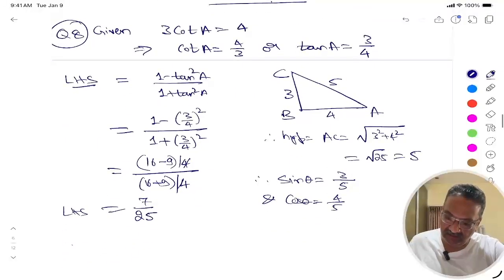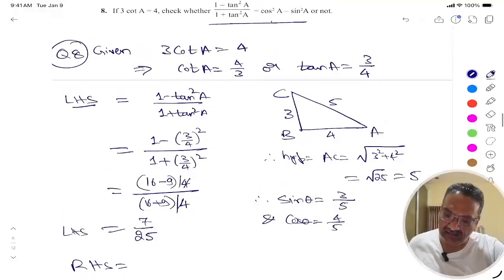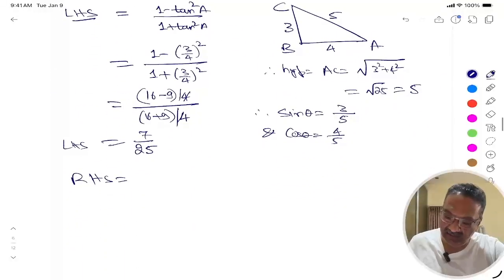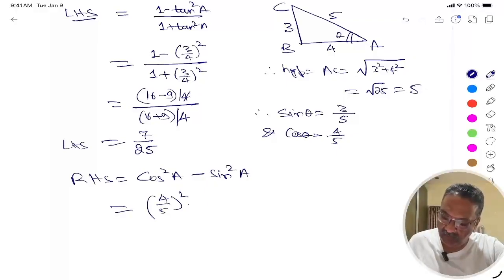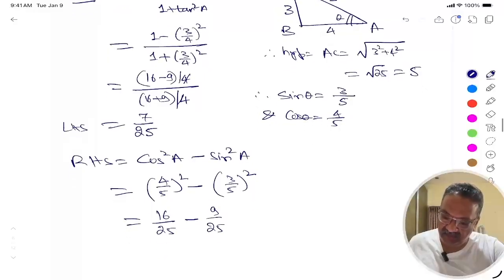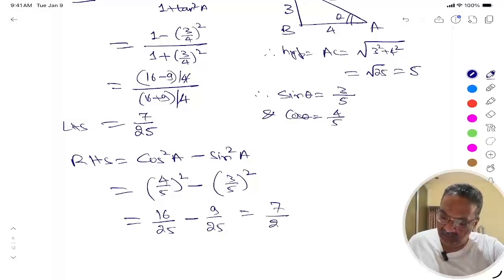Okay, now let us take RHS. RHS is cos square A minus sin square A. I had called A as theta, so I have written this. So we get, what is cos A? 4 by 5 whole square minus 3 by 5 whole square is equal to 16 by 25 minus 9 by 25, which is equal to 7 by 25.